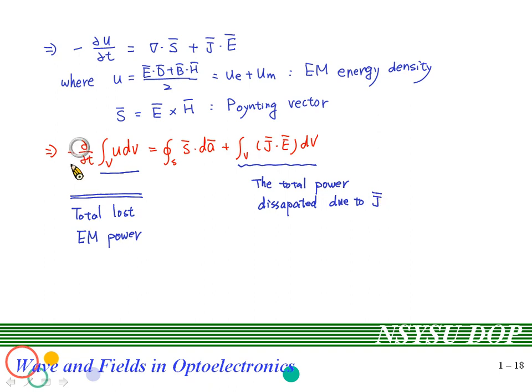Here is the total power lost, and here is the power lost inside the volume because of J. Then what is this term? This term will correspond to the total power outflow.